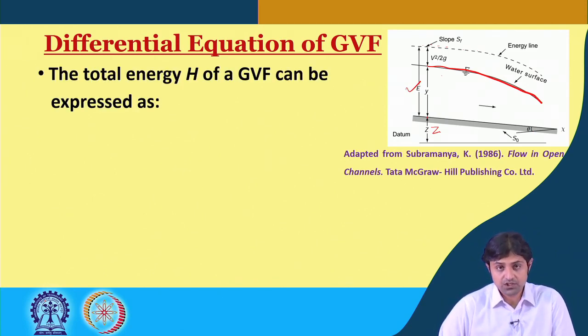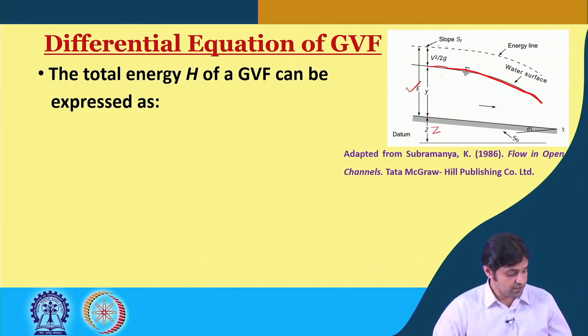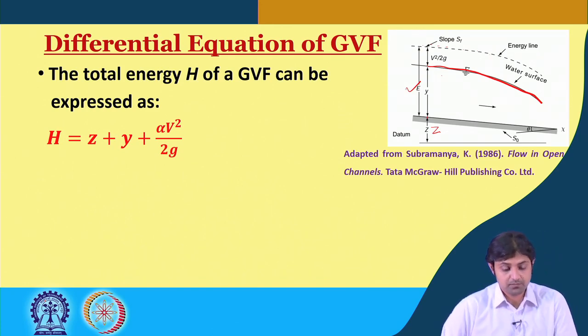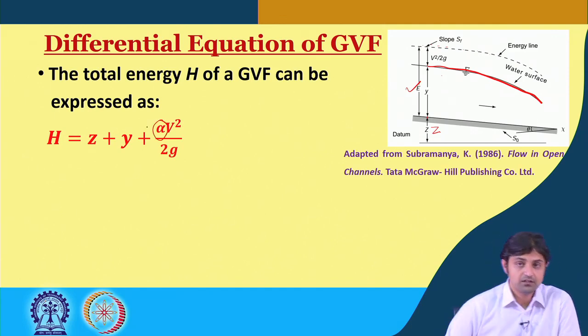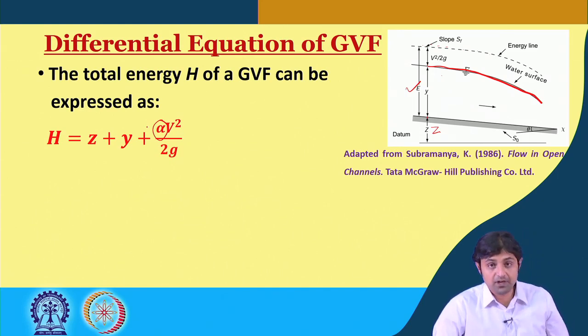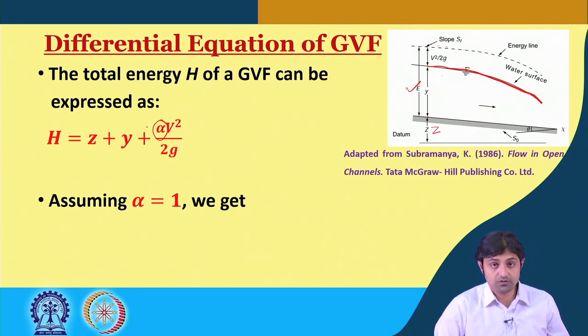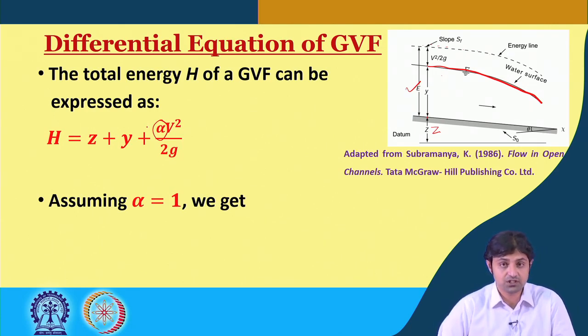So, the total energy H of a gradually varied flow can be expressed as follows. There is a little change from the equation that we have seen. In the uniform flow we have seen that H is equal to Z plus Y plus V square by 2G. Here a parameter alpha is introduced, which depends upon different conditions. If we assume alpha is equal to 1, as we have already assumed previously, we get H equal to Z plus Y plus V square by 2G.